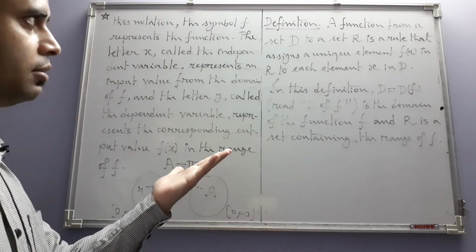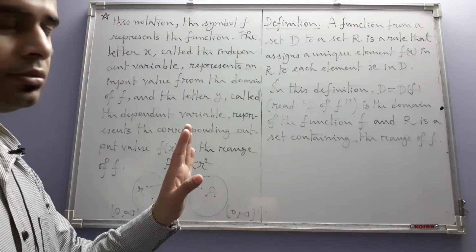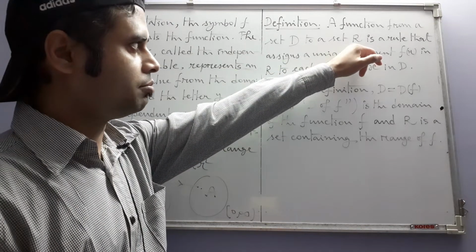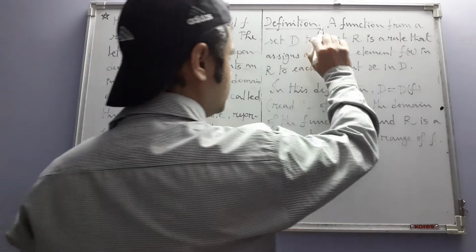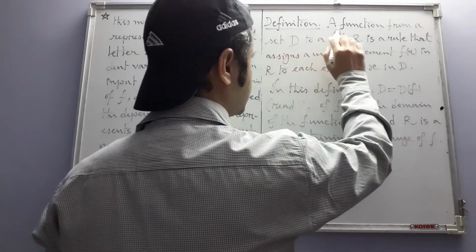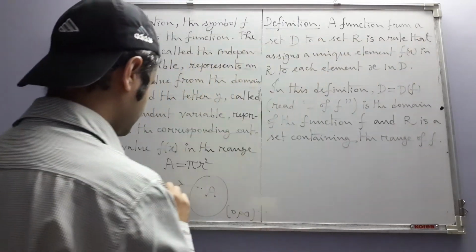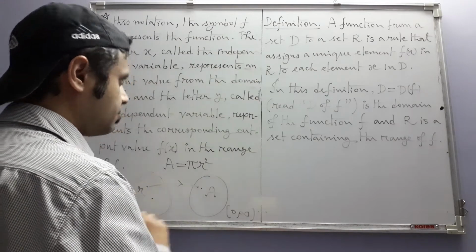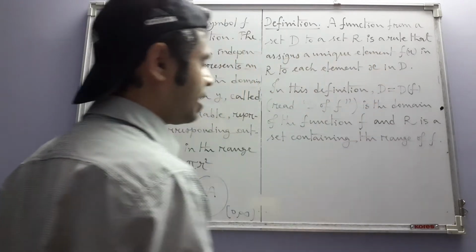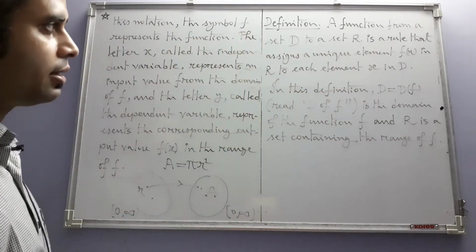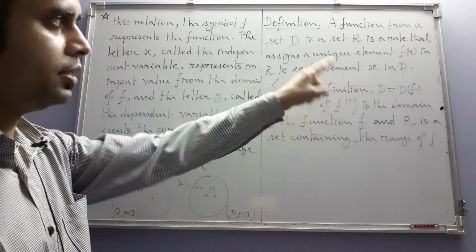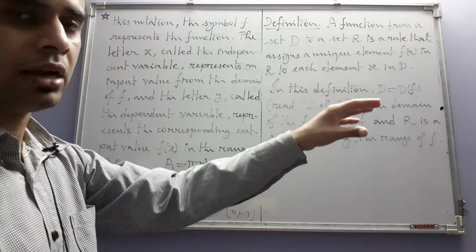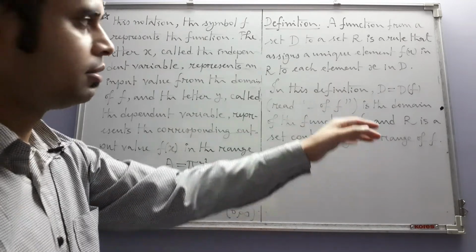Here, however, the domain is there, but R seems to be something else, something other than the range. Let us see what the definition says. A function from a set D to a set R is a rule that assigns a unique element f(x). Uniqueness of the value of the dependent variable is still there.